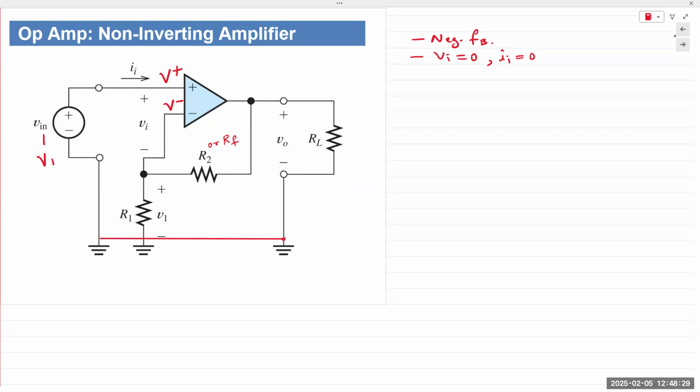All of these are connected together. And so the output we have something like this. This is RL, this plus minus VO. This is R2, and this is R1. VO is dropped directly across R2 and R1 in series.